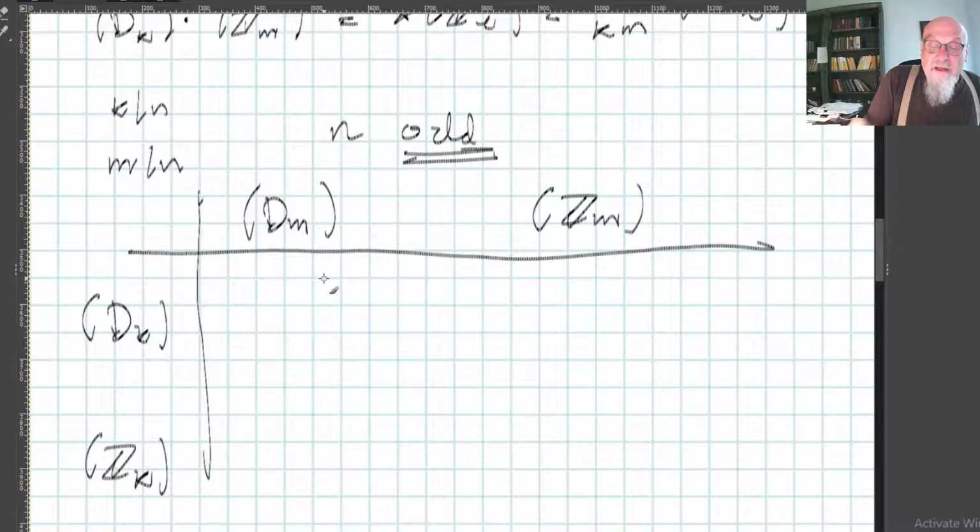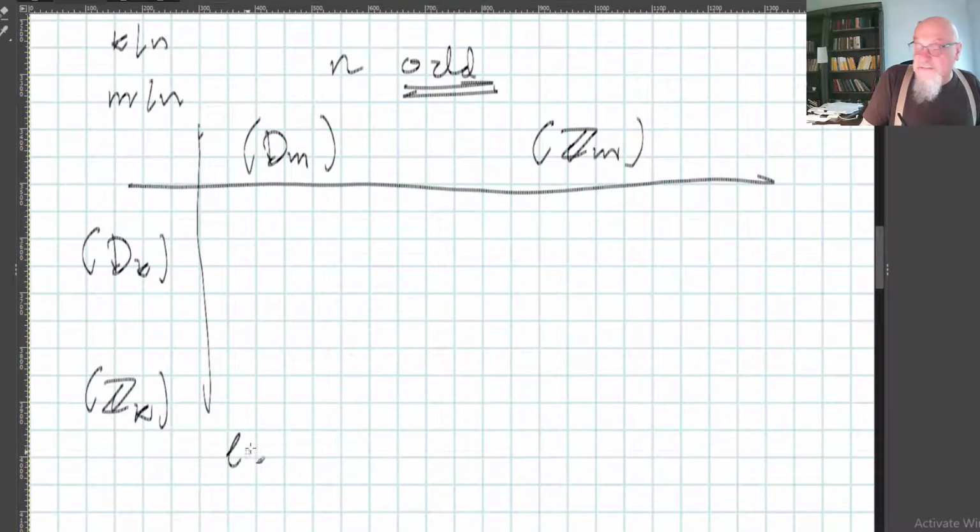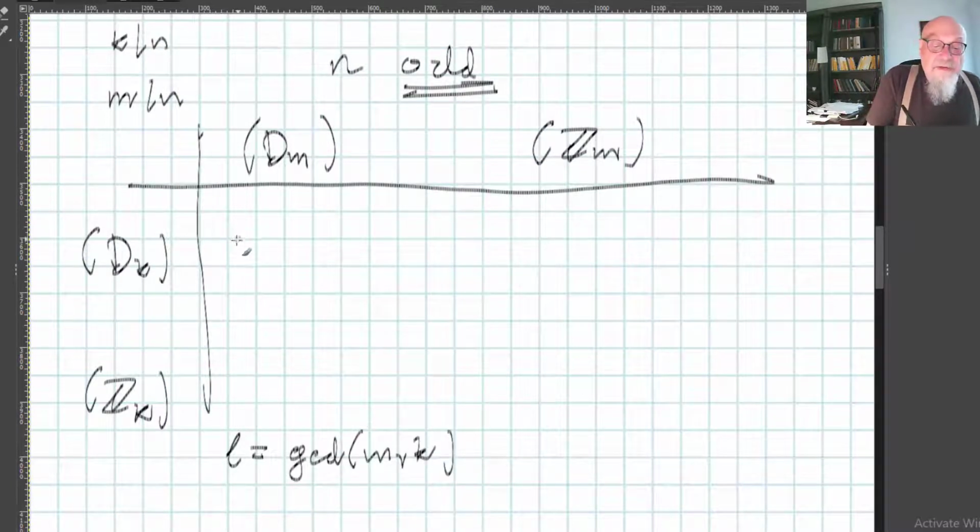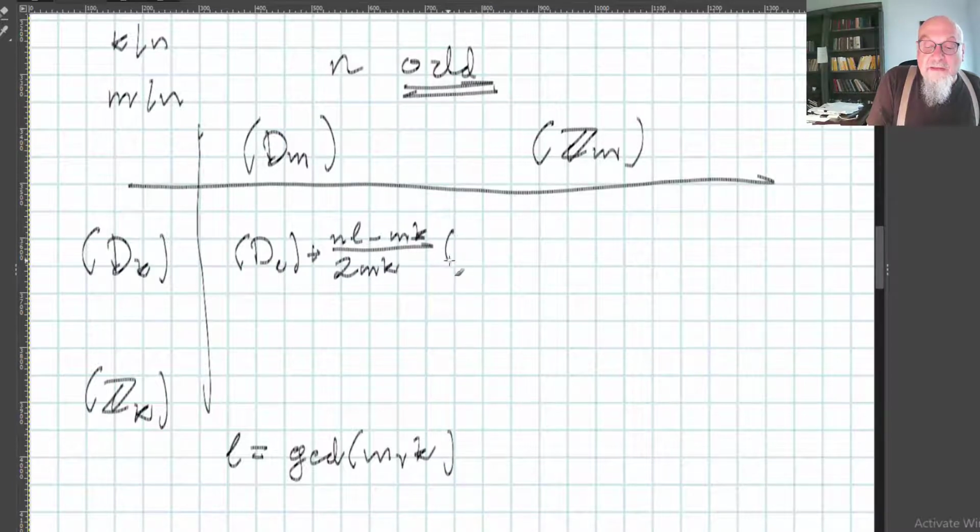So here the L, put here clearly, L is equal greatest common divisor between M and K, and this one is dl plus nl minus mk divided by 2mk zl.